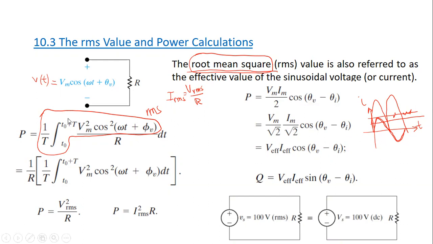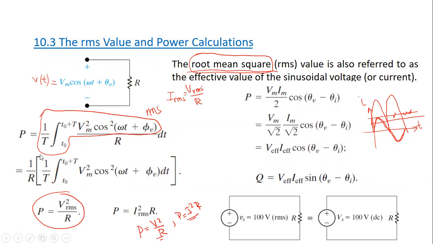In order to calculate the power, we know that the power in a resistive circuit can be calculated as V square over R or as I square times R. We had these two formulas in previous discussion. Now I want to calculate the power. The average power is the integration of the instantaneous power.